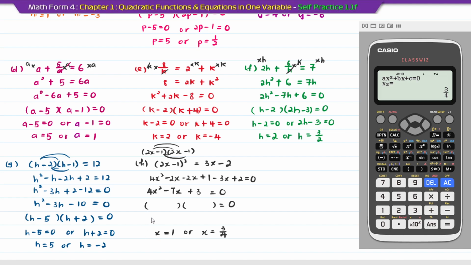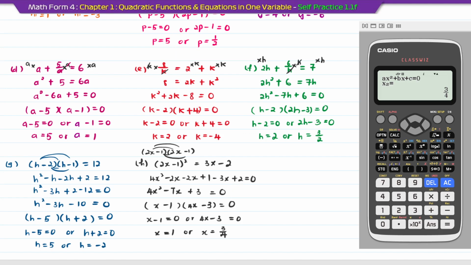So write it backwards. So x minus 1 equal to 0. For the fractions, remember this number 3 is the number after the sign. So here the sign is a minus. This 4 is the coefficient for the x. So 4x minus 3 equal to 0. So write it back to the brackets, (x − 1)(4x − 3). So there you have it for question H.